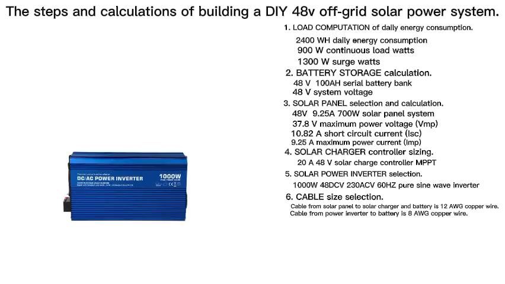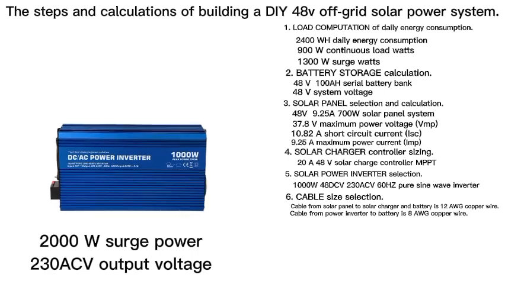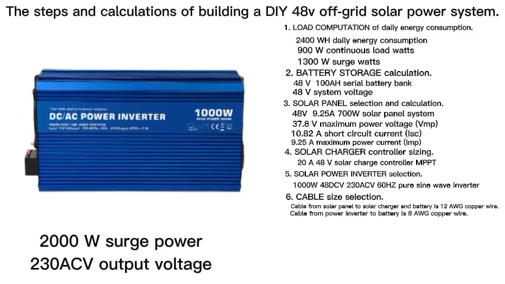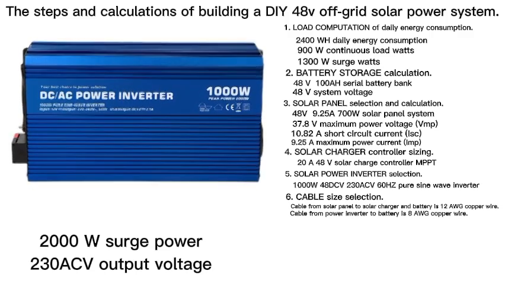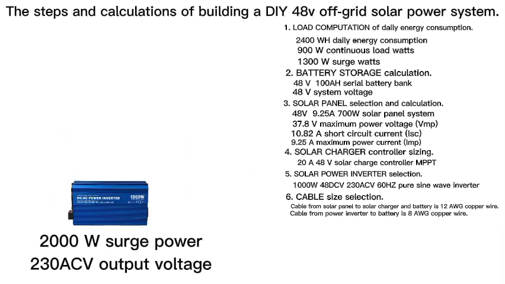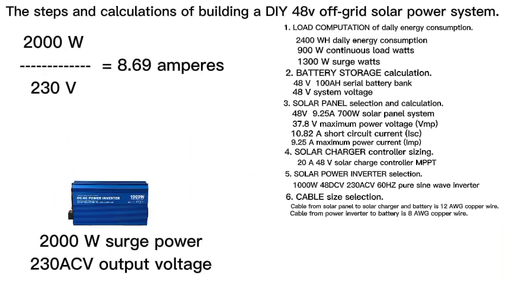Since we chose a 2000 watts surge power with 230 volts AC output of the solar power inverter, we can calculate also like this: 2000 watts divided by 230 volts is equal to 8.69 amperes, which on the American wire gauge chart is 15 amperes.